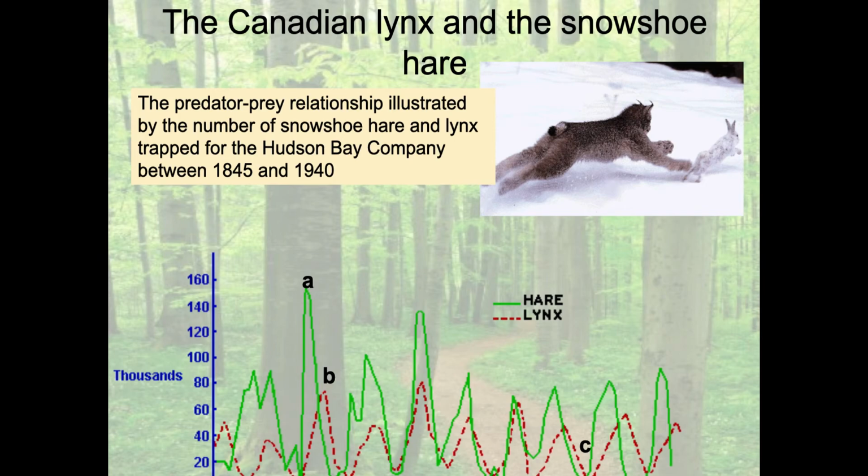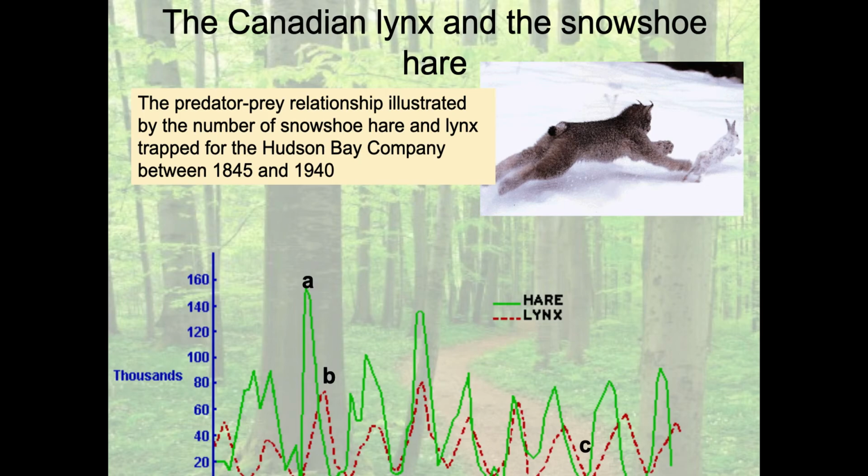I said we would look at graphs, and here is a graph of the hare and lynx population around Hudson Bay, I suppose, as the Hudson Bay Company between 1845 and 1940. I wonder whether the reason the data doesn't go beyond 1940 is because they managed to more or less get rid of the lynx. But that's just a thought on my part.